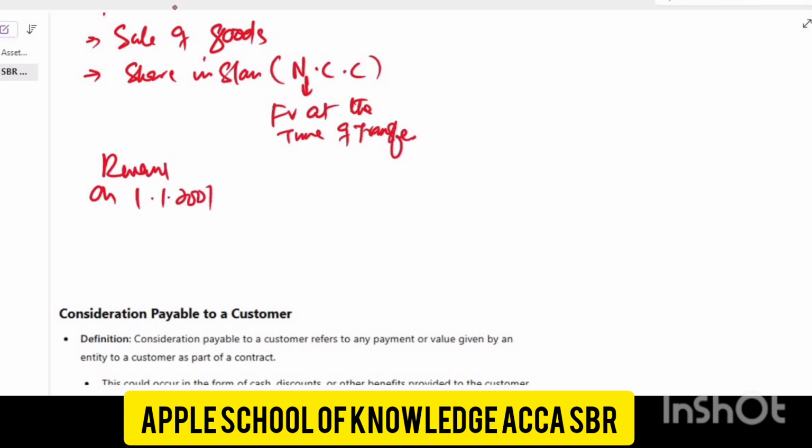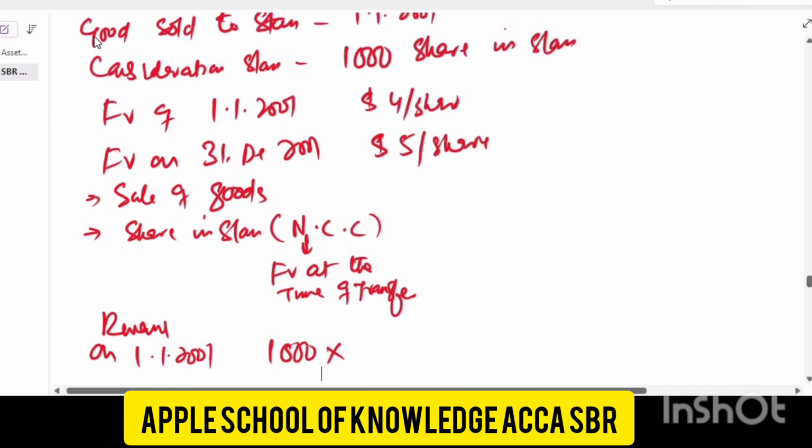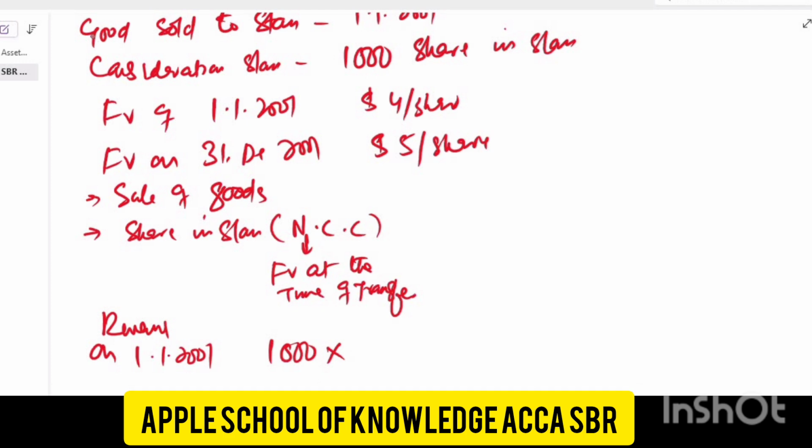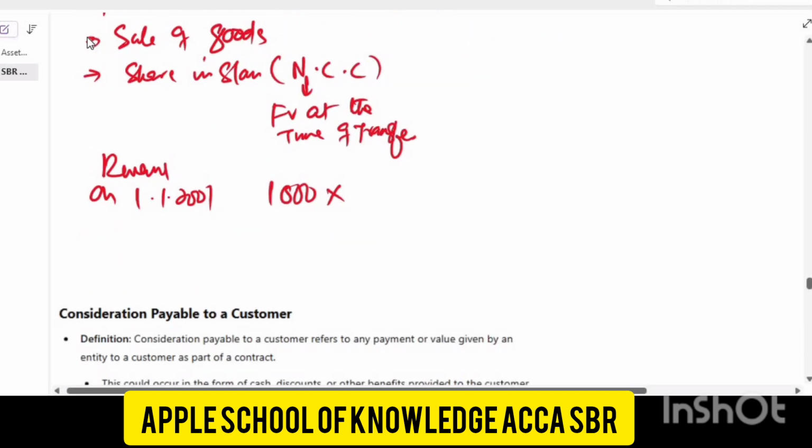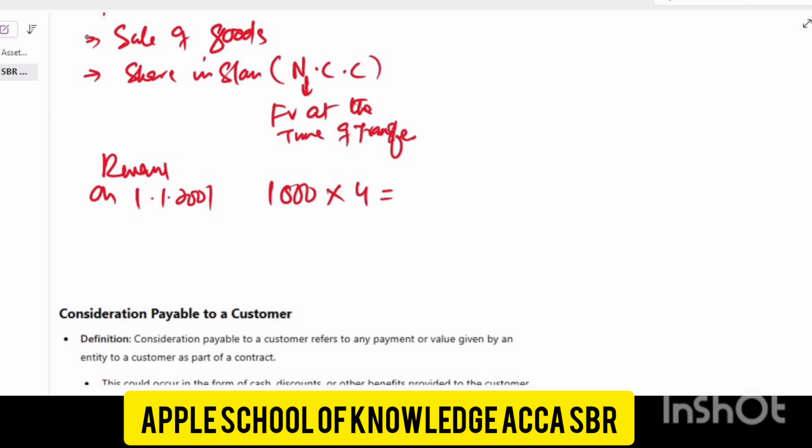Clear? Now the revenue to be recognized on 1st January 2001 will be 1,000 shares, and the share price on that date is $4 per share. So if you multiply this, you will have 4,000.